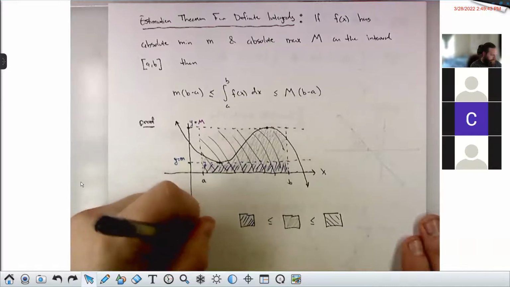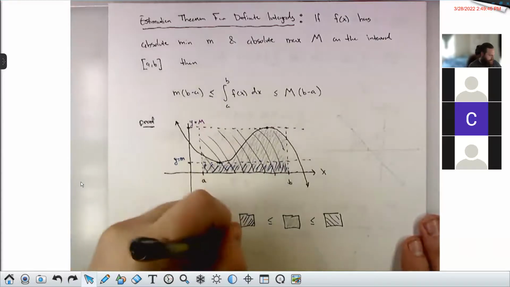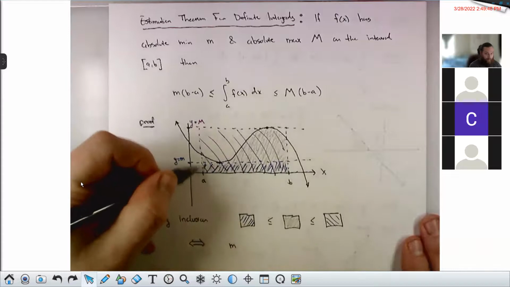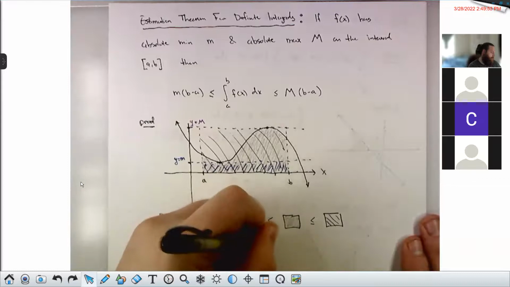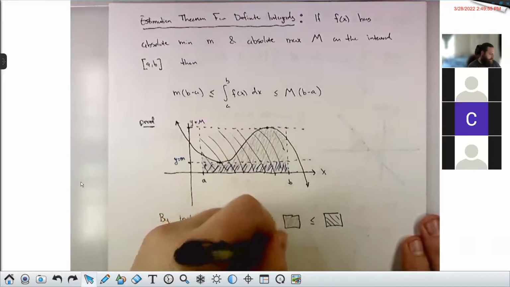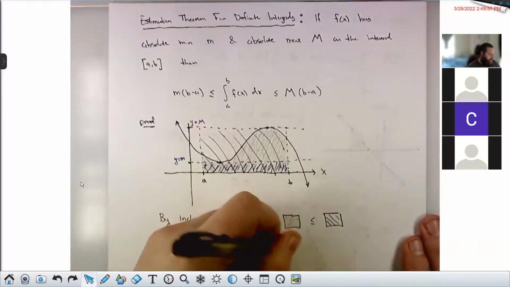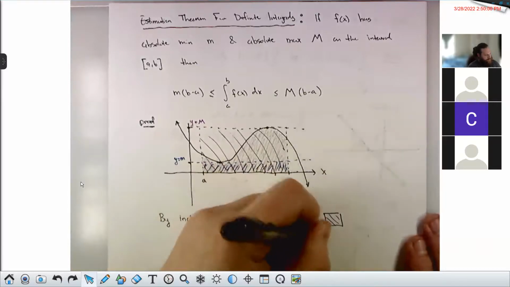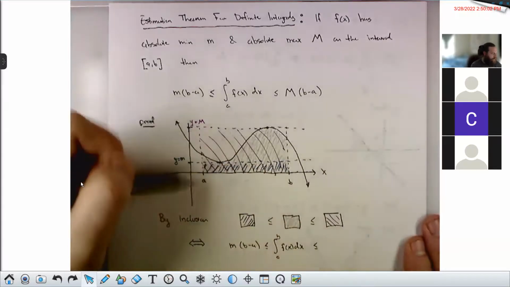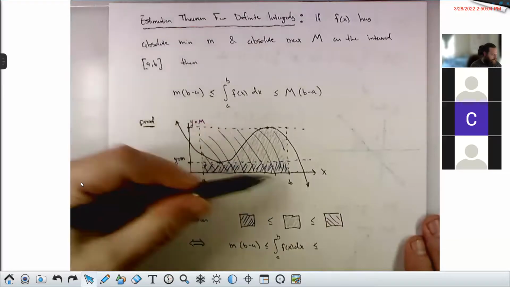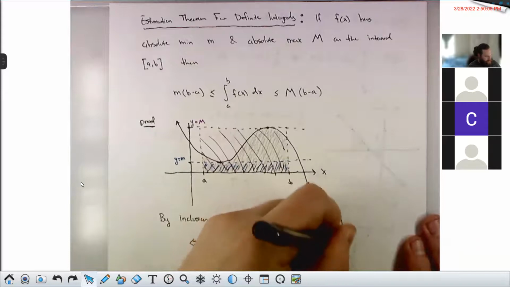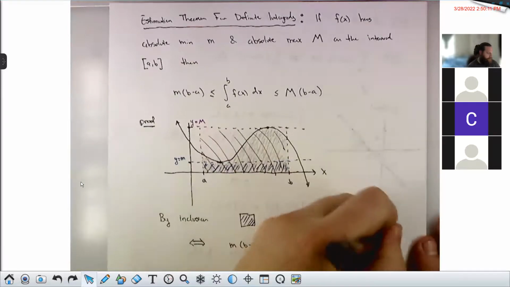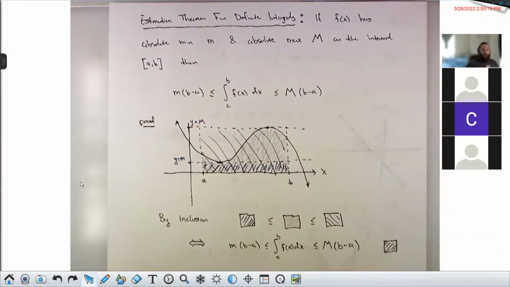But the blue area is little m, this little height times the width, b minus a. The pencil area is the integral from a to b of f of x dx. And the purple area is again a rectangle, big M times the width, which is b minus a. That's it. That's the proof.